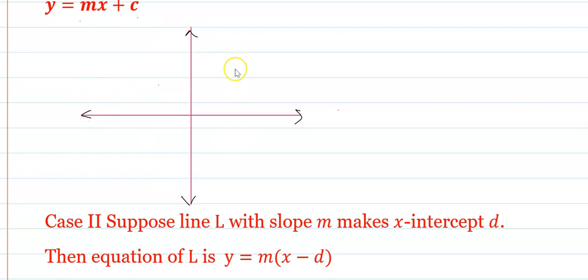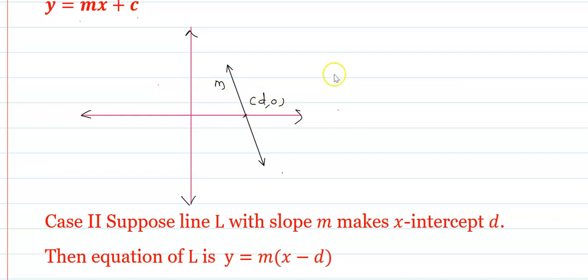Here the line intersects, this is the line, it intersects the x-axis, and the point of intersection, suppose that it is (d, 0). We know the slope of a line and the point or x-intercept. Then what will be that equation?